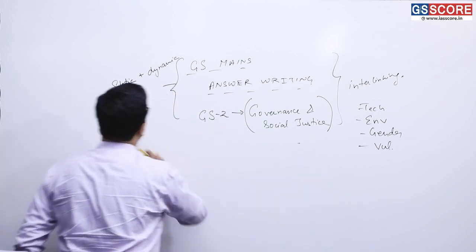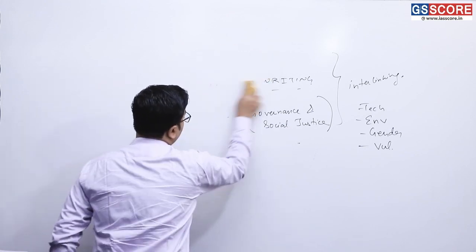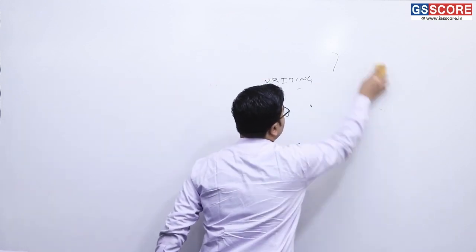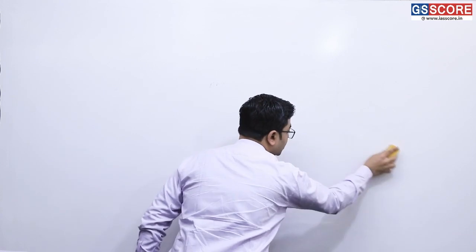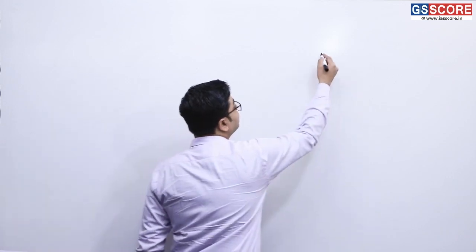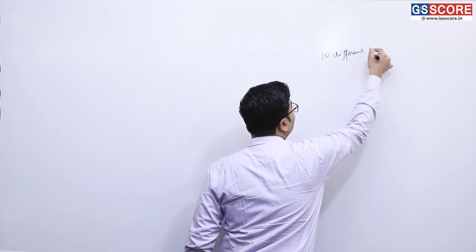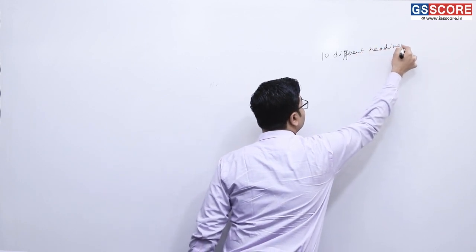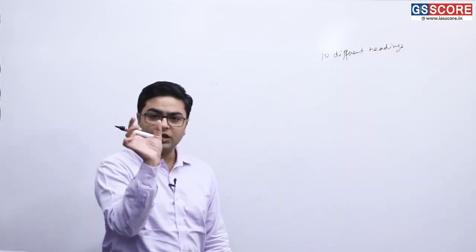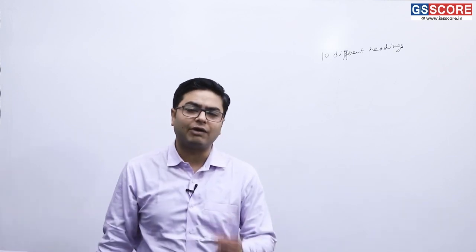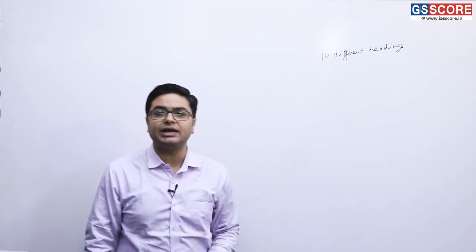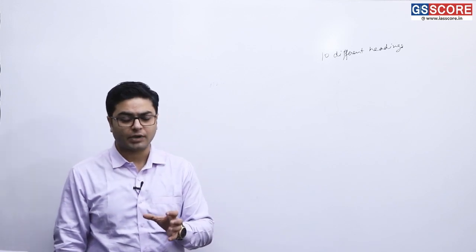If we look at the syllabus for governance and social justice, I have categorized it into 10 different headings, and I have linked them with the original text provided by the UPSC in its notification.